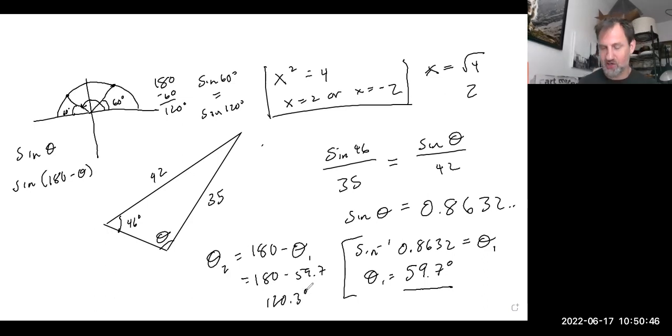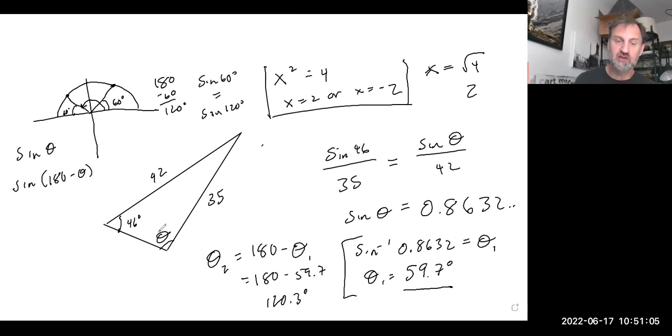Okay, and I'm just going to check by doing the sine of 120.3 degrees, and it should give me something very similar to my answer here. It gives me 0.8634. So it's a little bit off, but again, I had to round this.